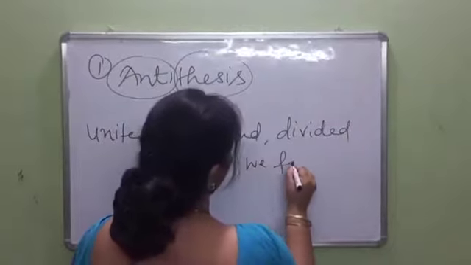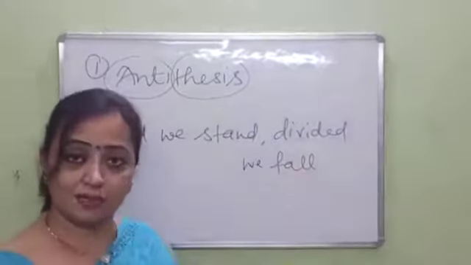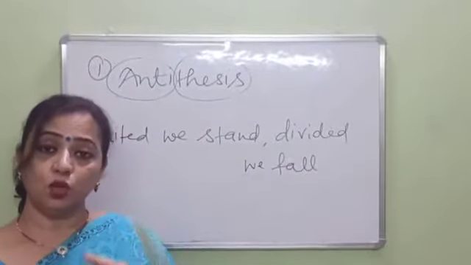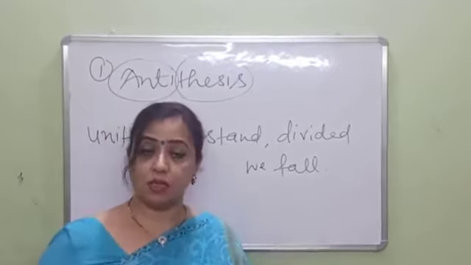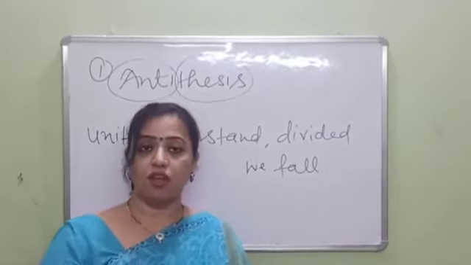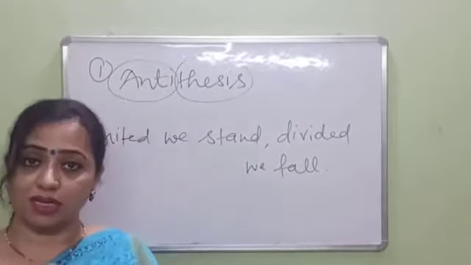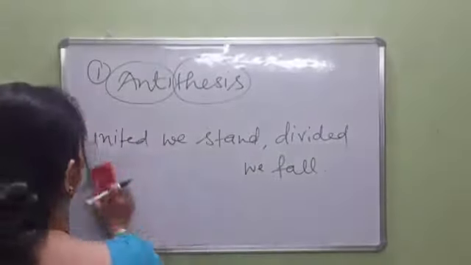Now you see, both are opposite thoughts but given together in one sentence. So I will tell you today two different figures of speech, literary devices, poetic devices which are connected to each other. So first remember, oxymoron, opposite words given together, antithesis, opposite thoughts given together.